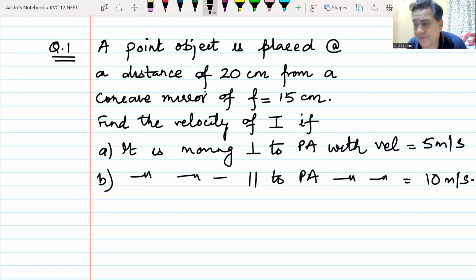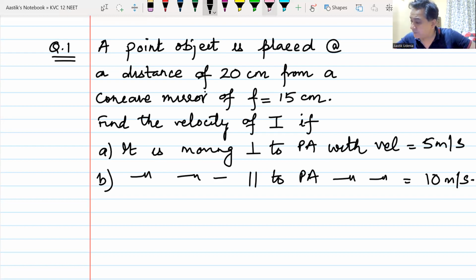A point object is placed at a distance of 20 centimeters from a concave mirror. Focal length of the concave mirror is given as 15 centimeters. You have to find out the velocity of the image if the point object is moving perpendicular to the principal axis with velocity of 5 meter per second, or parallel to the principal axis with a velocity of 10 meter per second.